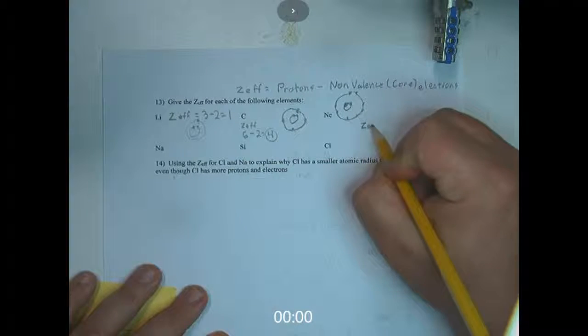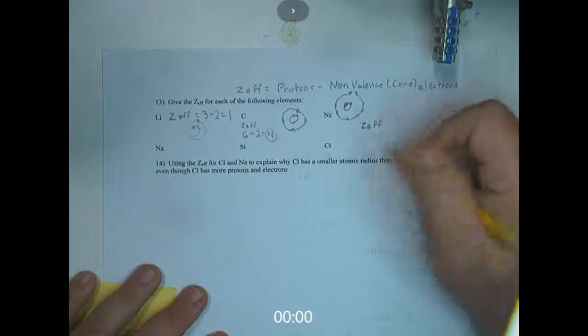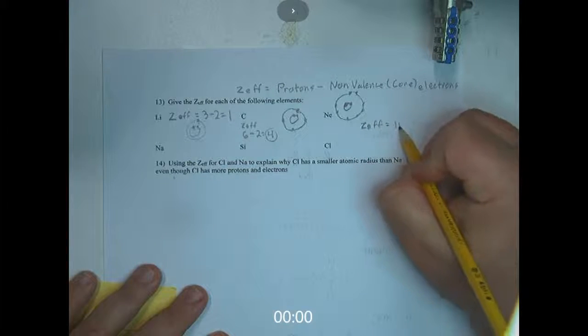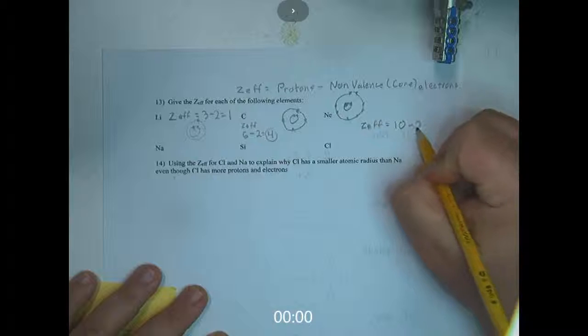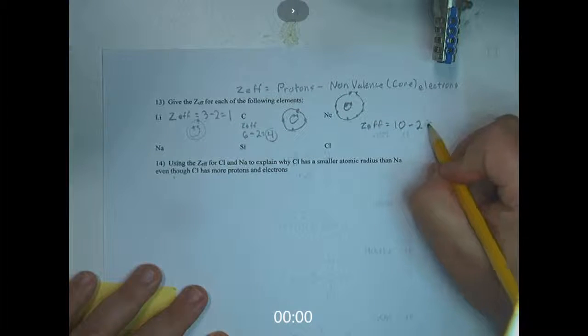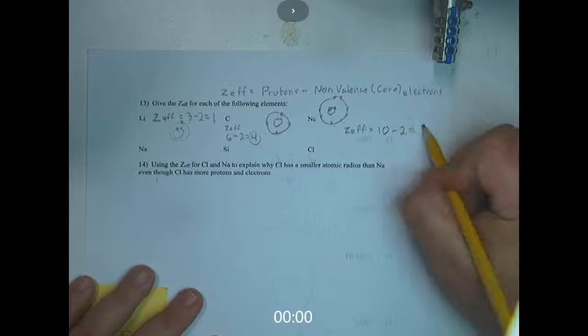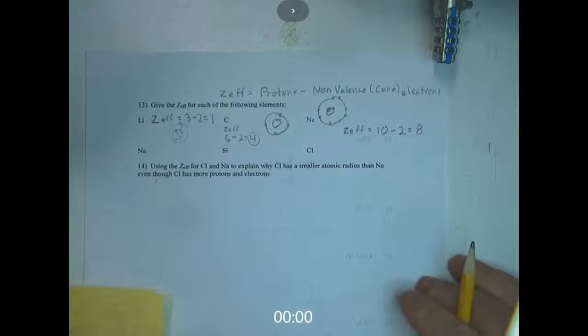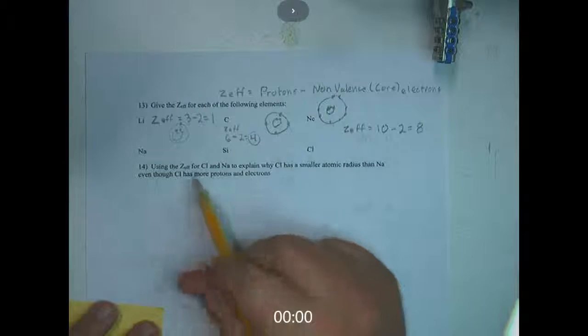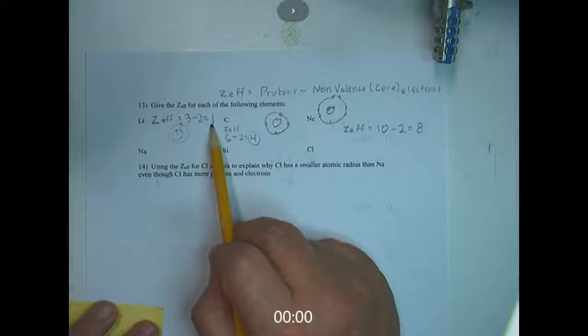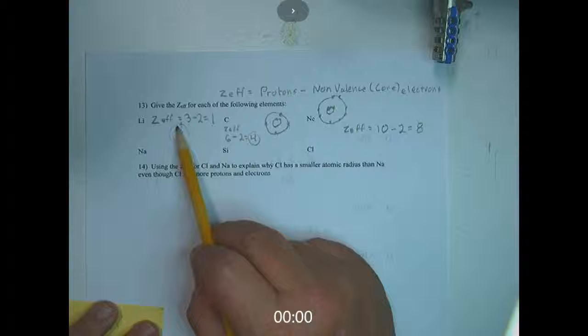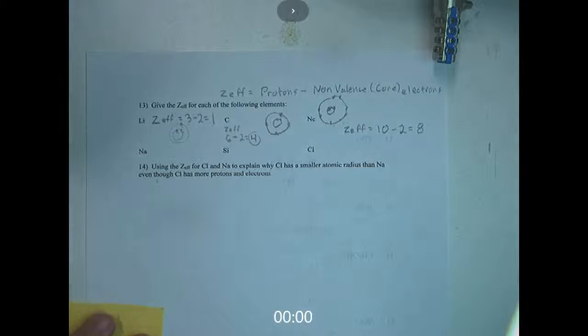So the Z effective is the number of protons that neon has, which is 10, minus the core electrons, which is 2. So those outer electrons in neon are still feeling a pretty strong pull from the nucleus. They're feeling as though they're being pulled by 8 protons. That's pretty good. Compare that to lithium, which only feels 1 proton pull.